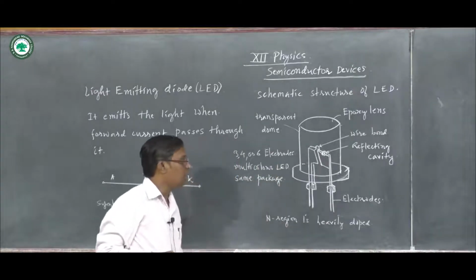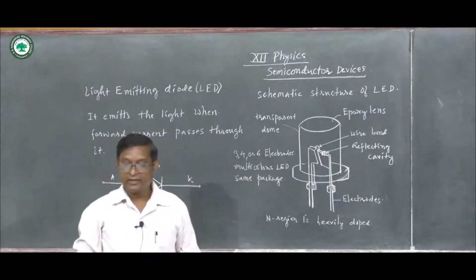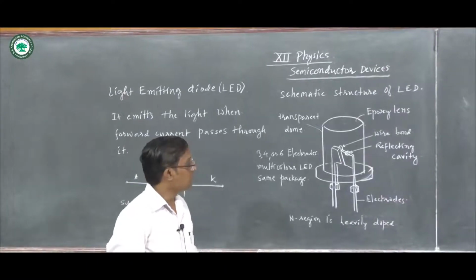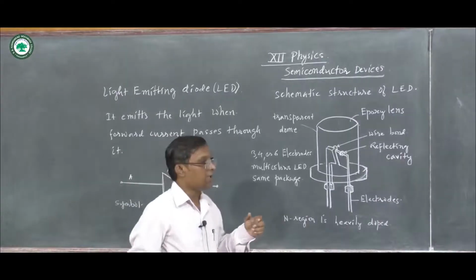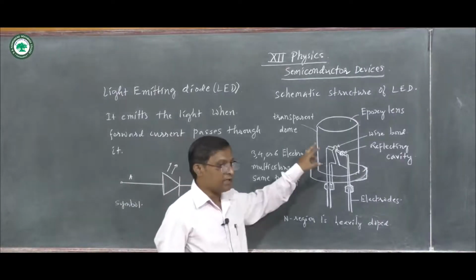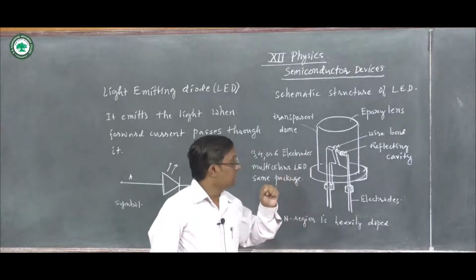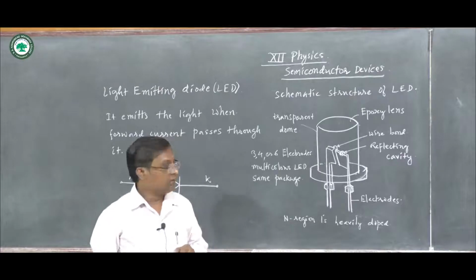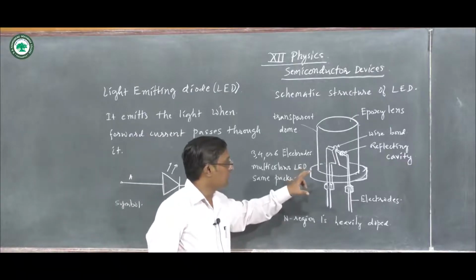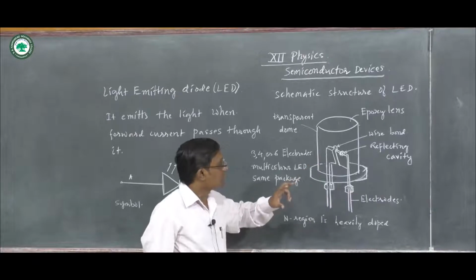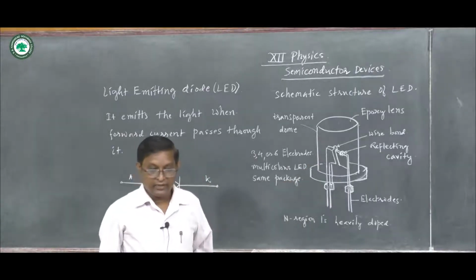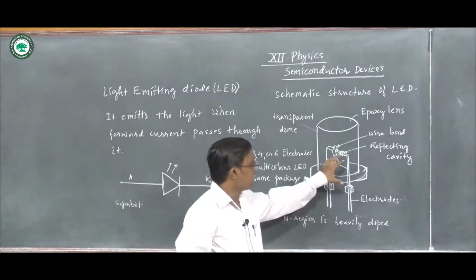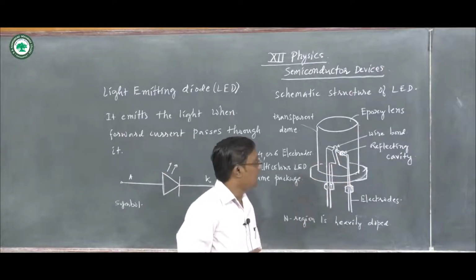The material of which this LED is made is such that there is no absorption of the light emitted through the LED, and the electron and hole combination takes place at the surface of the LED.